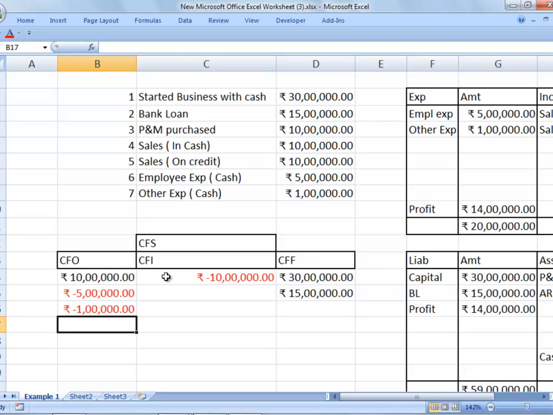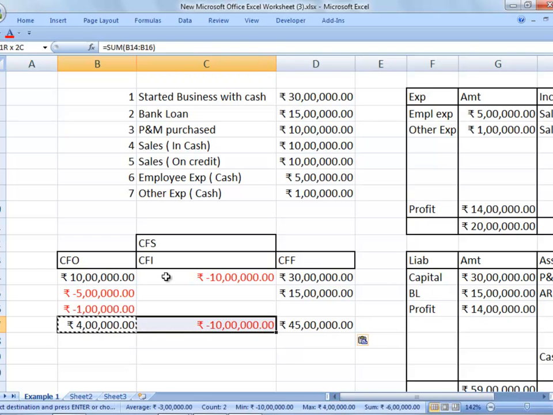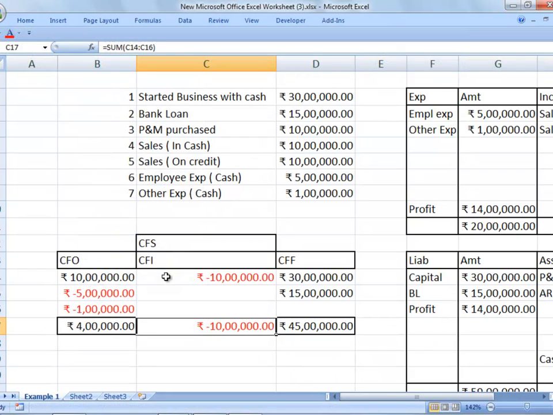Now I will simply take the totals of these amounts. So my total is 4 lakhs from cash flow from operations, minus 10 lakhs from cash flow from investment, and 45 lakhs from cash flow from financing activity.